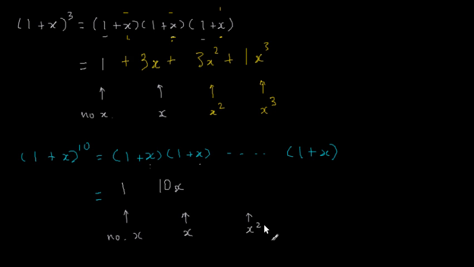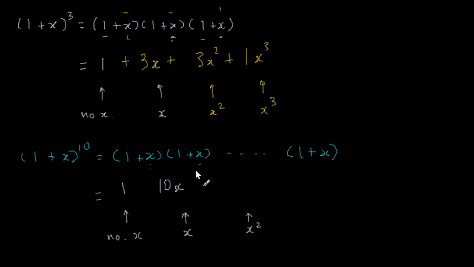Now this is going to get a little bit more tricky. To get an x squared, I have to pick an x from 2 of the brackets. So I can pick the x from maybe this one and the third bracket, or maybe the second bracket and the third bracket, and so on.